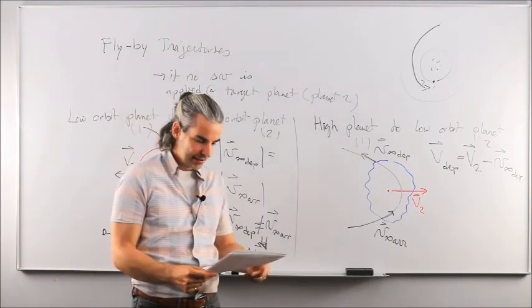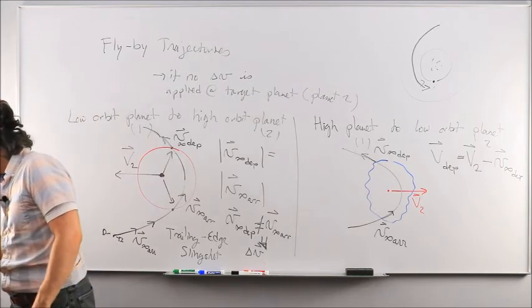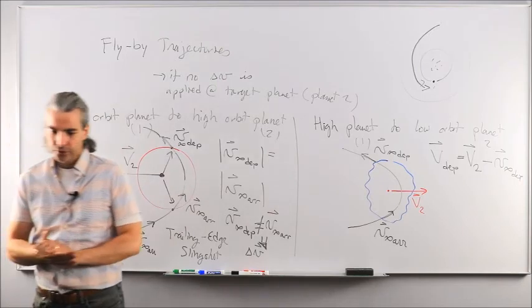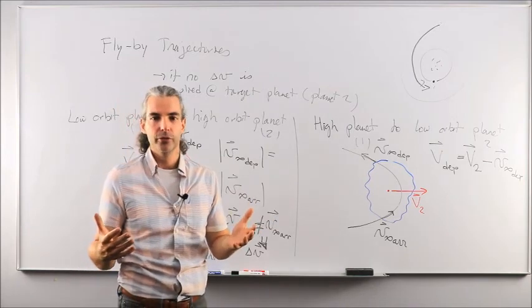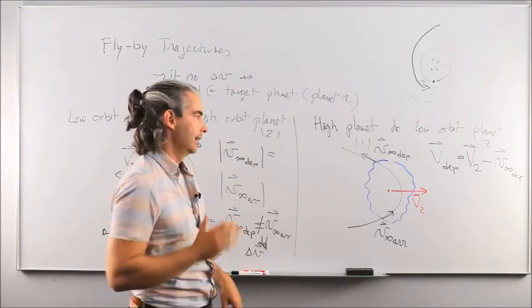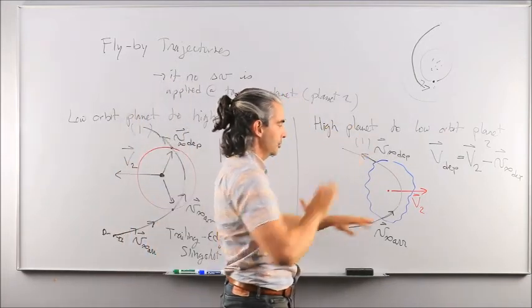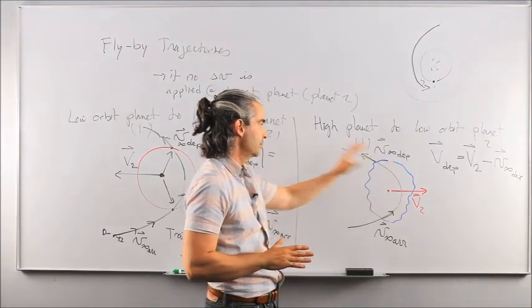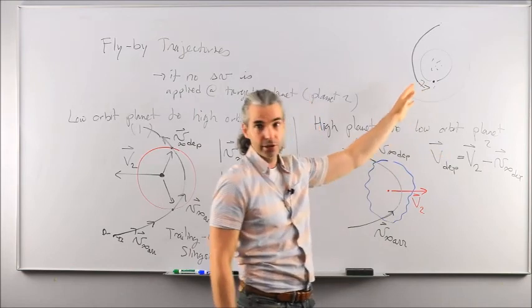But that's the basic idea behind flyby trajectories: upon arriving at a planet, applying no delta V maneuvers to keep orbiting the planet, just letting ourselves coast and letting the gravity of the planet turn our velocity vector with respect to the planet, essentially boosting or decreasing our net energy with respect to the sun.